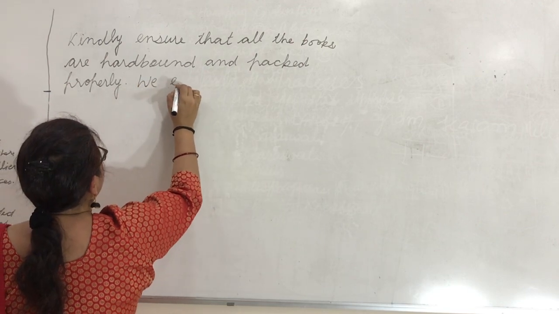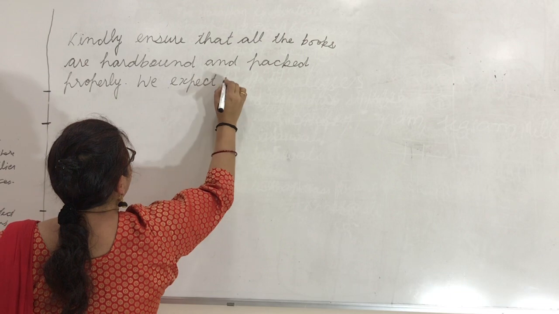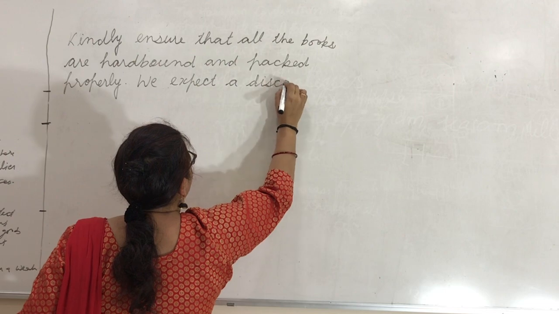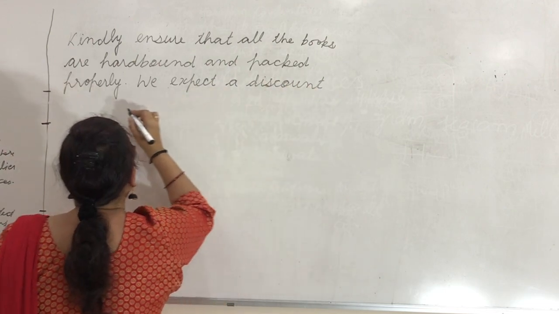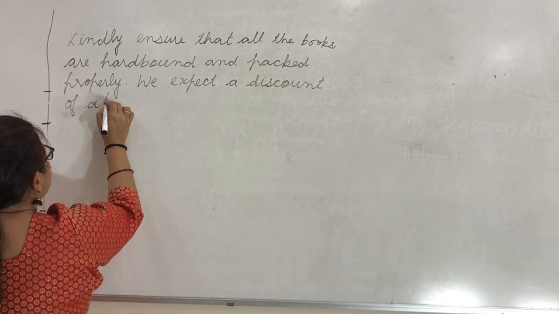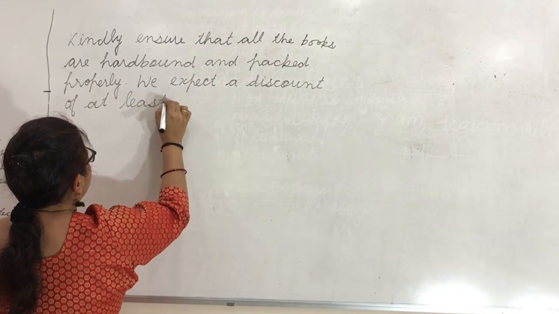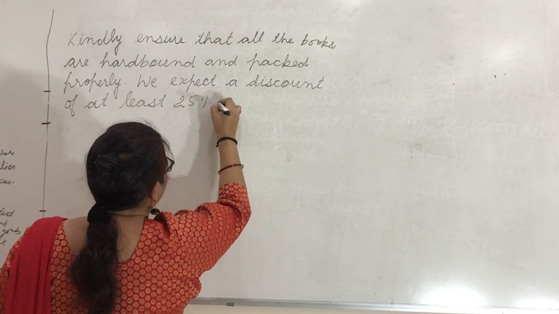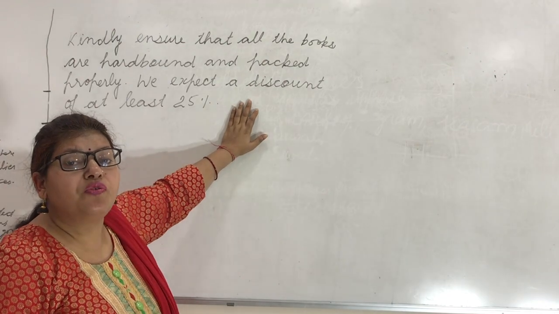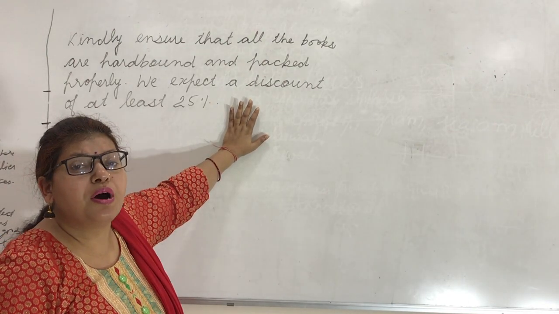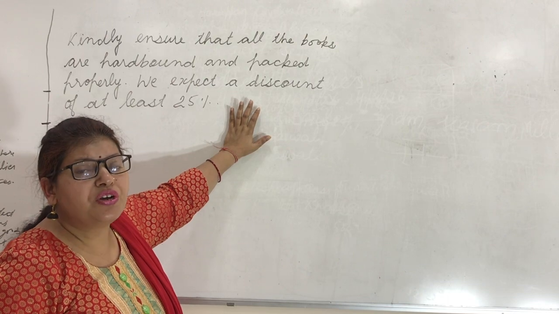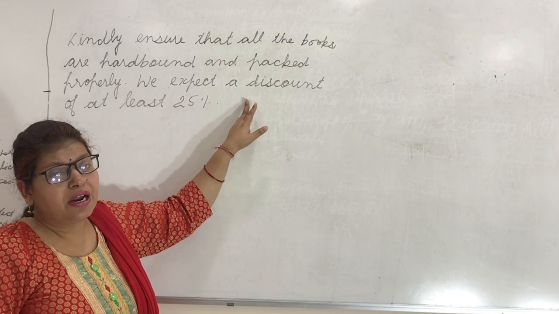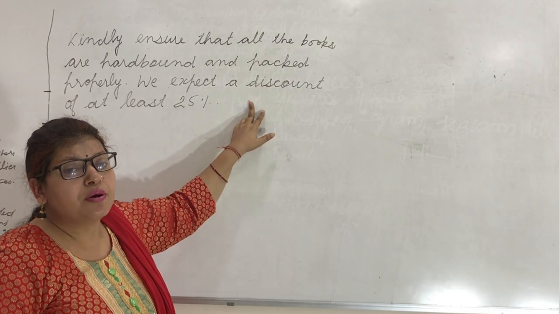We expect a discount of at least 25%. What we are asking for? We are asking for a discount on bulk purchase. So we are supposed to write this line that we expect at least a discount of 25%.